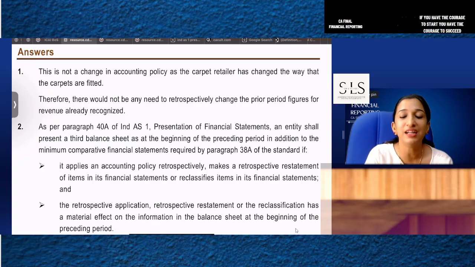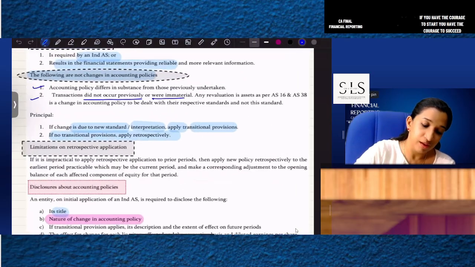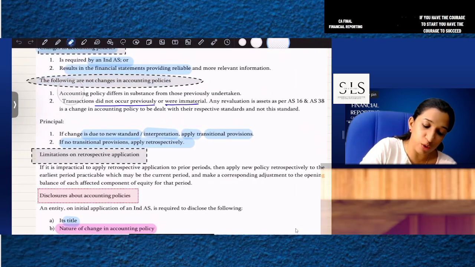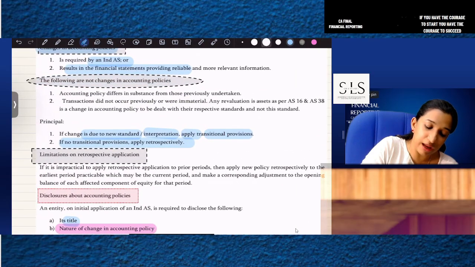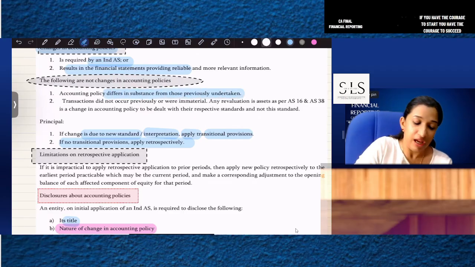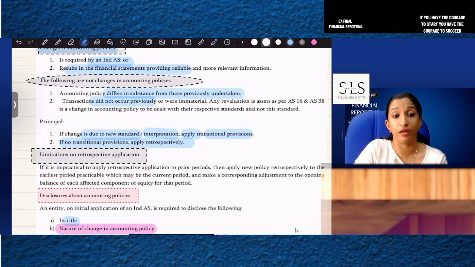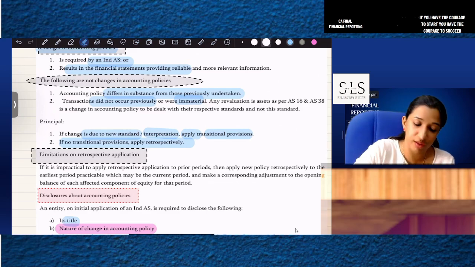So it is not a change in accounting policy. Are you understanding? So the following are not change in accounting policy. The accounting policy differs in substance from the previously undertaken, and the transactions did not occur or are totally new transactions happening, or the transactions that happened before were immaterial. Then you cannot say there is a change in accounting policy.